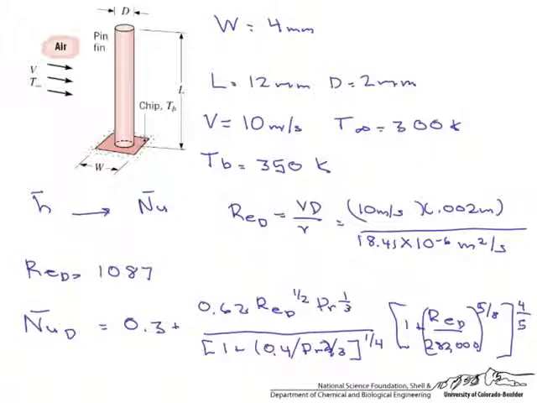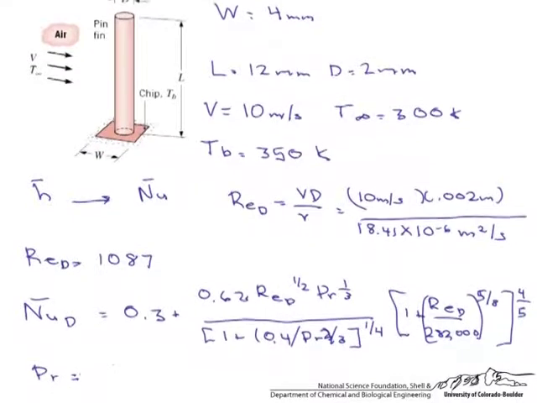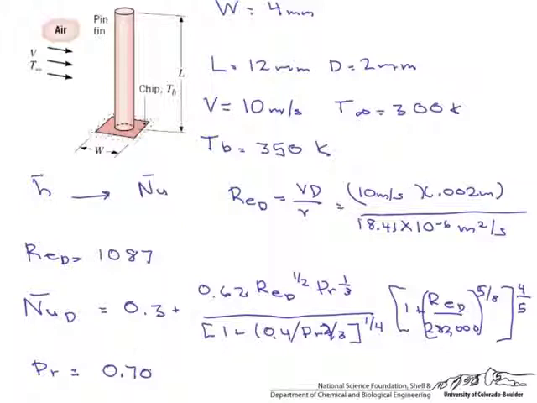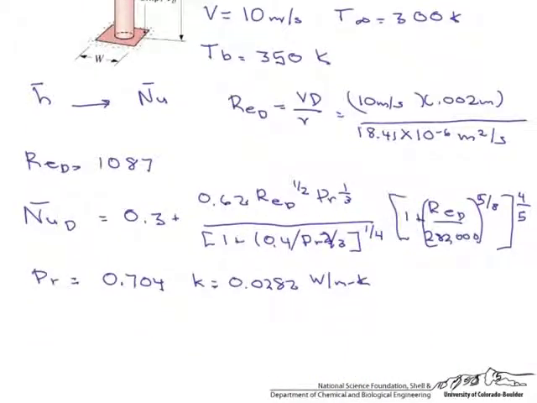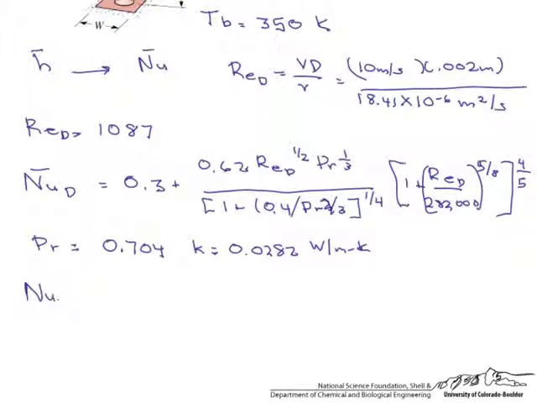So the Prandtl number for air at this temperature is 0.704, and while we're at it, let's have the K because we're going to need it: 0.0282 watts per meter K. So when we put in our Reynolds number and our Prandtl number and solve, we end up with an average Nusselt sub D equaling 16.7.